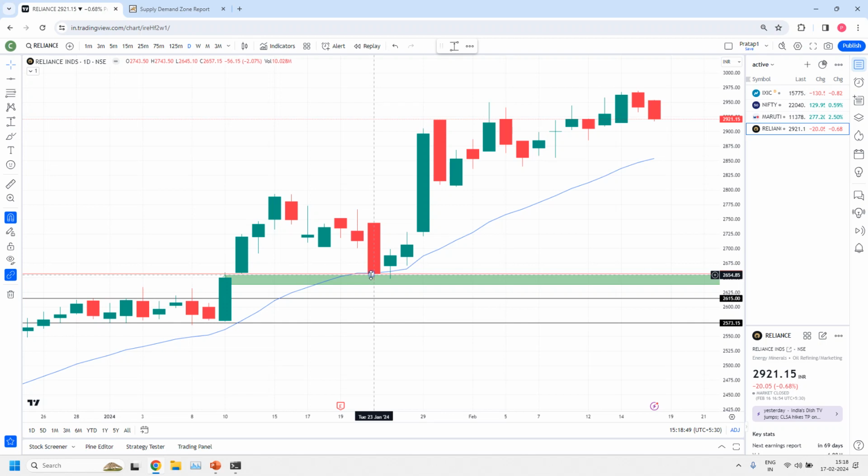At that confluence, the overextension is completed. That's why we are planning a trade in this zone. And then prices started moving up after that. So this is the recent trade. When we got the trade, it was somewhere at 2654.